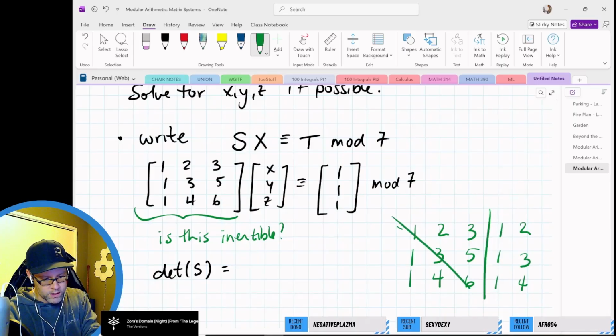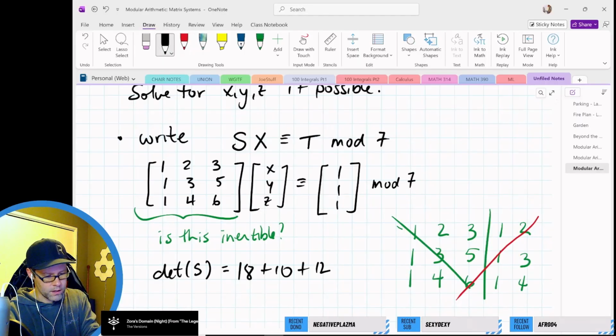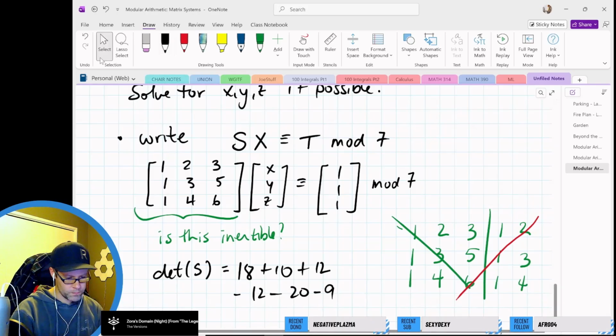So 1 times 3 times 6, 18, 2 times 5 times 1, 10, 3 times 1 times 4, 12. And then I have to go backwards as well, so I have to do 3 of these. 2 times 1 times 6 would give me negative 12. I have 1 times 5 times 4, negative 20. And then 3, 3, and 1, so negative 9.